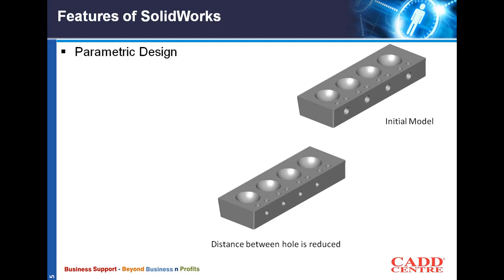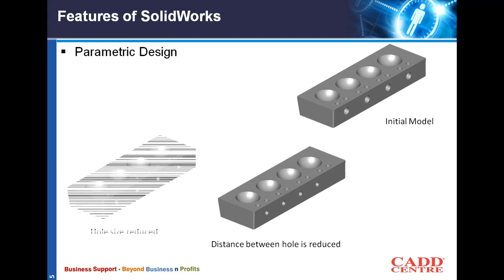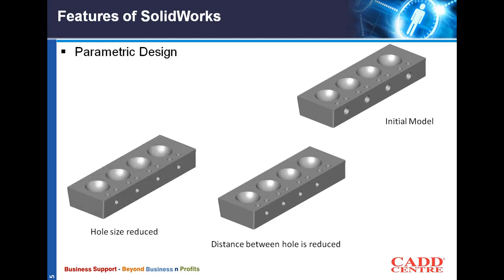Now I would like to increase the length of the cylinder head. When I increase the length of the head, or when I reduce the diameter of the hole, you can see the other design intent is not disturbed. And in the third image you can see the hole size is once again reduced, and there also you can see there is no design change in the other geometry, only the hole has been changed.